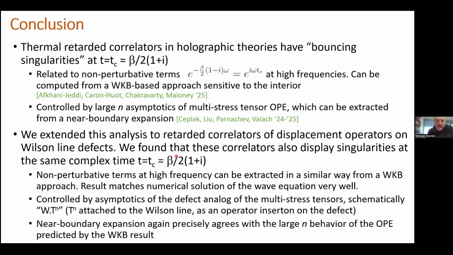Again, the non-perturbative terms can be computed from WKB. And again, there is precise agreement with the asymptotics of the OPE coefficients, where now what controls the singularities is basically a sort of defect analog of the multi-stress tensors, which we can think of as multi-stress tensors attached to the Wilson line. And again, there is a precise agreement between these two approaches.